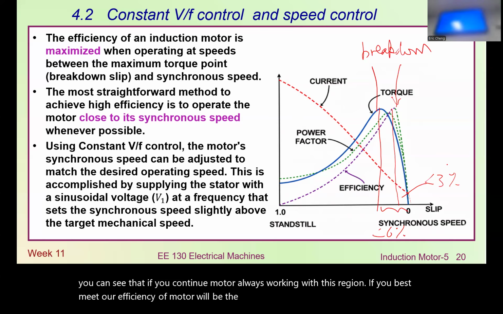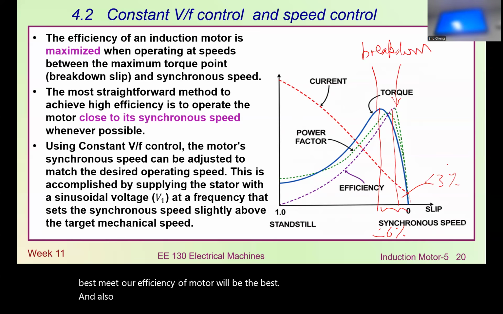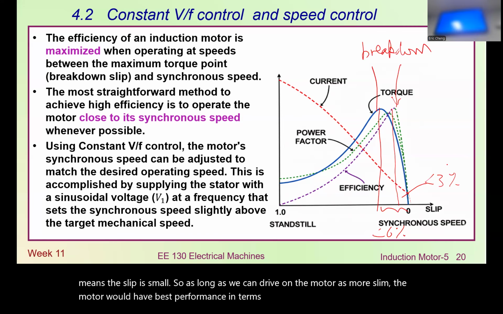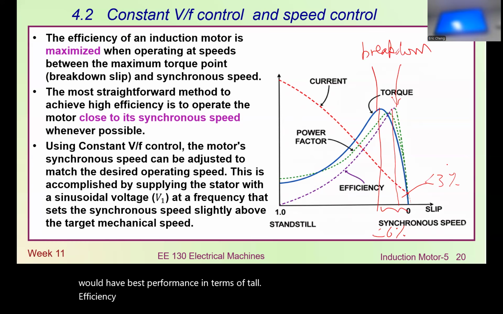And also the power factor is good in that region. That means the slip is small. So as long as we can work the motor at small slip, the motor will have the best performance in terms of torque, efficiency, and power factor.